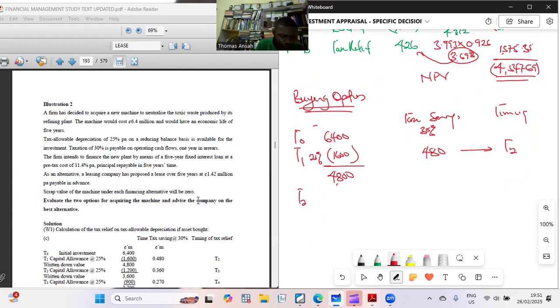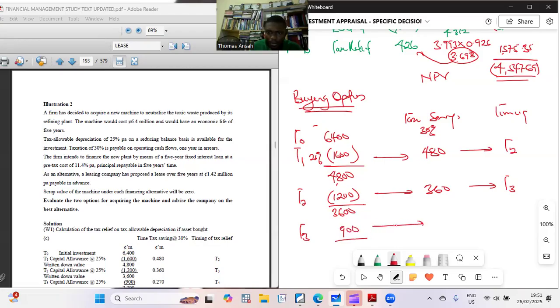reducing balance, 0.25. That gives me 1,200. Obviously, this will be like 3,600, right? So 1,200 multiplied by 0.30 tax savings, that is 360 at T3. T3 here, the 3,600 that I had, 0.25 again, that is 900. Okay, 900 by 0.3, 270. That will be at T4.